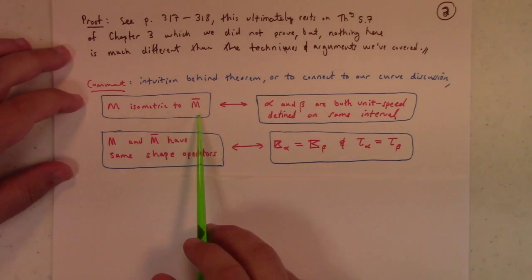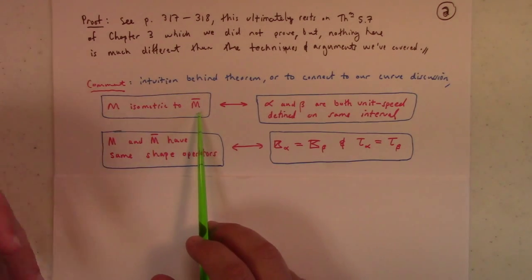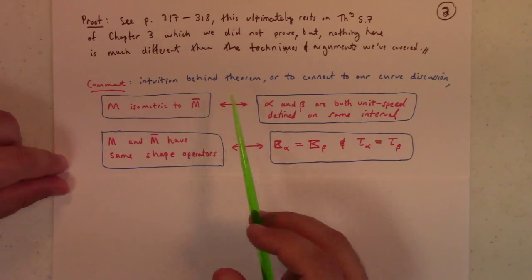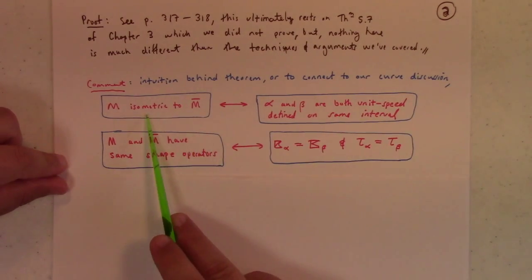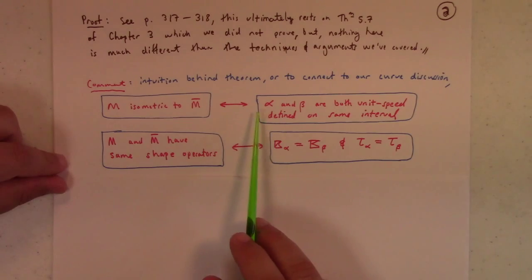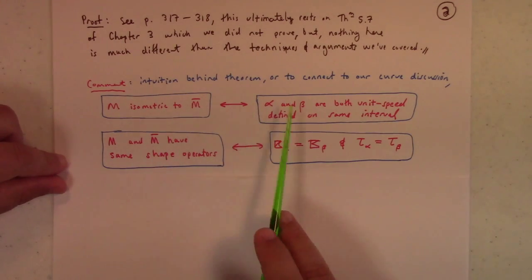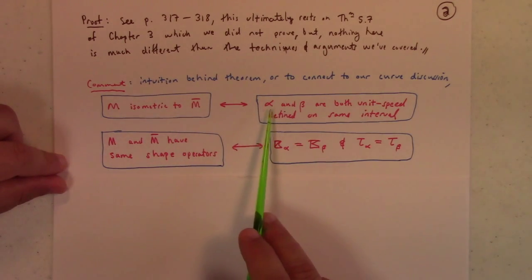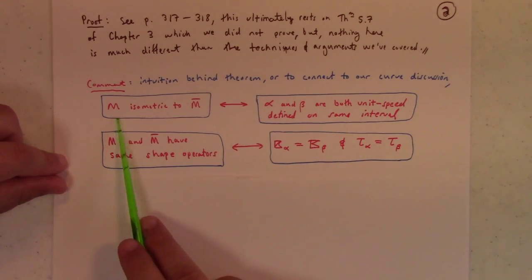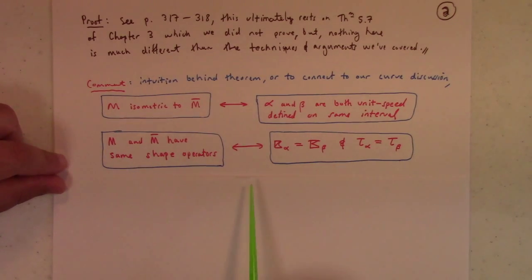In some sense that's a kind of reparameterization or something. You can start to see that there, I think. But anyway, this is what would be analogous: both unit speed defined on the same interval, two surfaces being isometric.